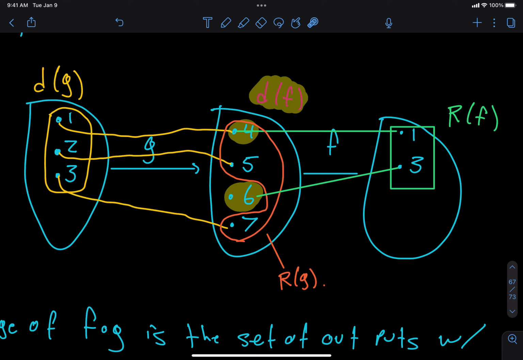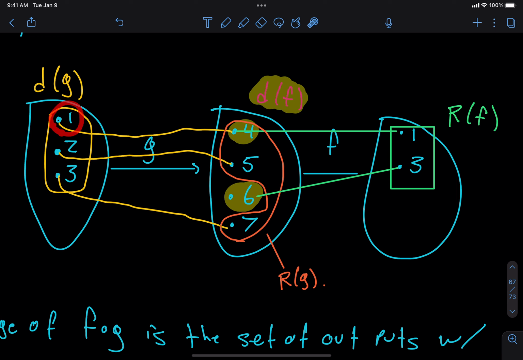The first scenario is we have a number which, okay, I can plug that number into G. That's fine. And it just so happens that the output can also be plugged in to F, right? If this is the case, then this point will be in the domain of the composition.